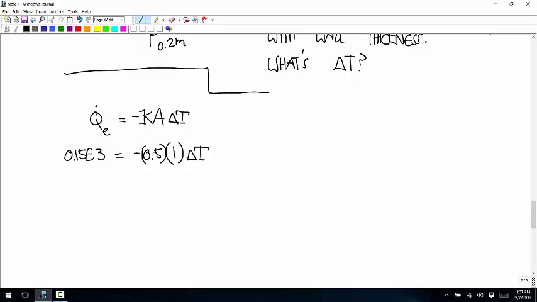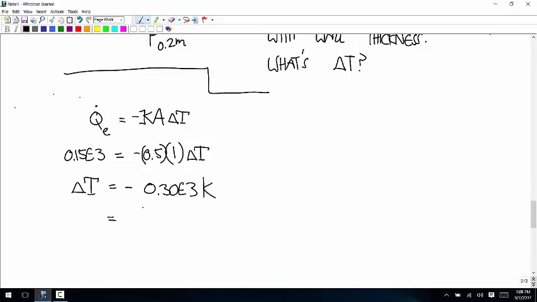And so I guess that just gives you that the temperature difference is negative 0.30 times 10 to the third Kelvin or Celsius.